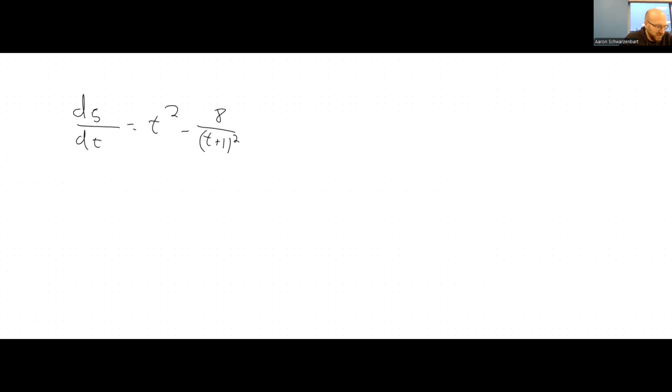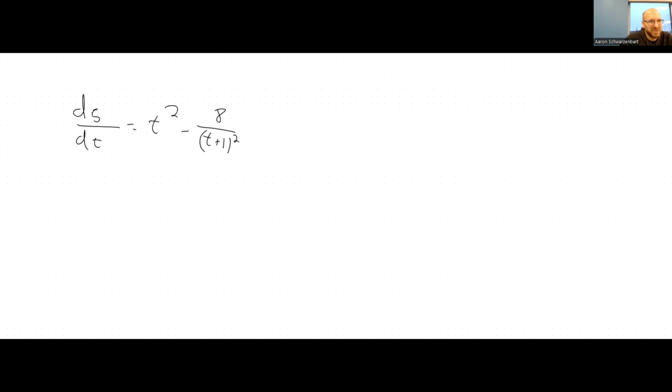So what does this ds/dt part mean? Derivative of s. S means a specific thing that we've been using in calculus. S means position.